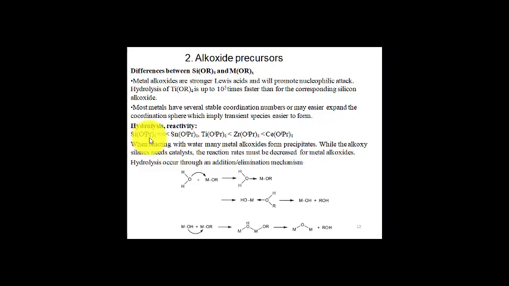Silicon alkoxide is least reactive, then tin is more, titanium is more, zirconium is more than titanium, and cerium is more. When reacting with water, many metal alkoxides form precipitates, while the alkoxysilanes need catalysis. The reaction rates must be decreased for metal alkoxides. Hydrolysis occurs through an addition-elimination reaction.